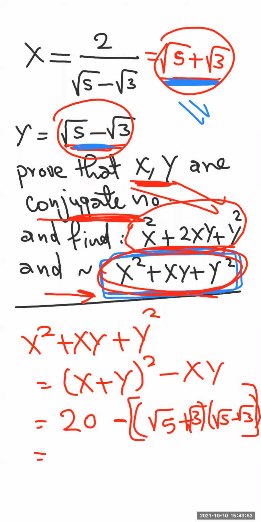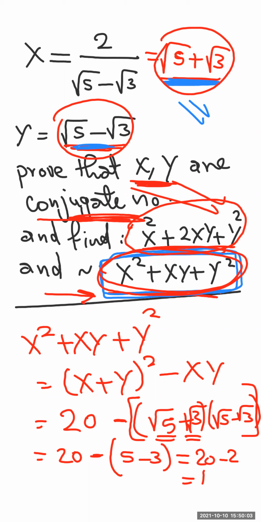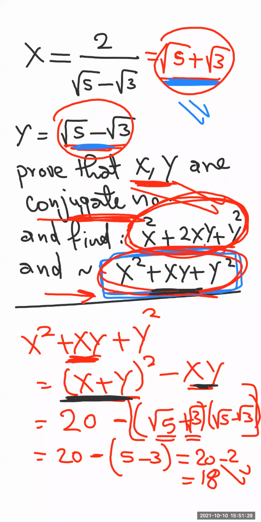So it will equal 20 minus the first squared, 5, minus the second squared, 3. So it will equal 20 minus 2, which equals 18. That's it. Okay, guys, let's solve the next question.